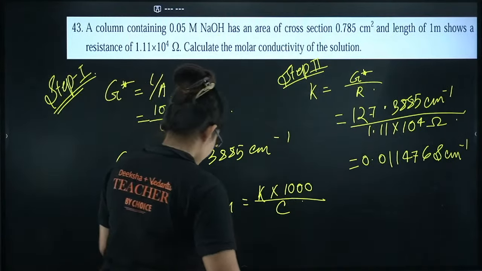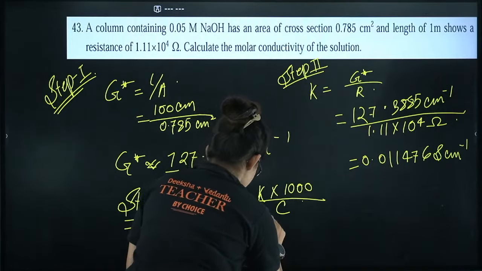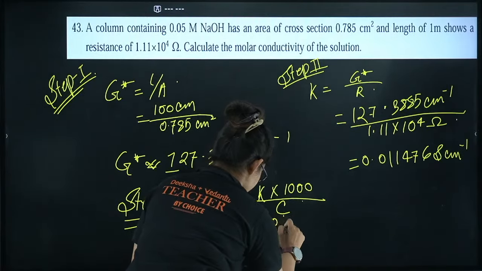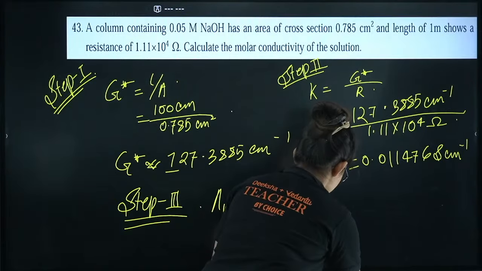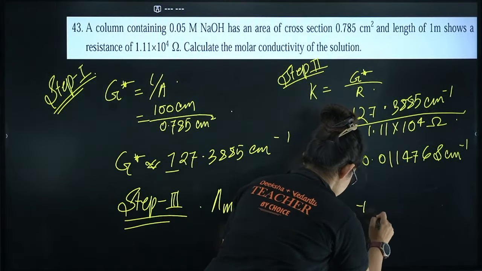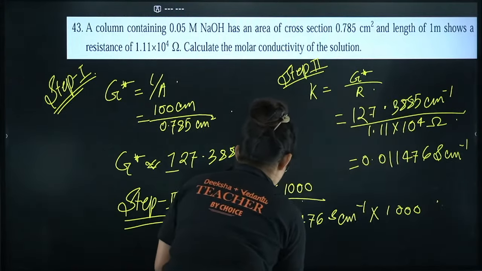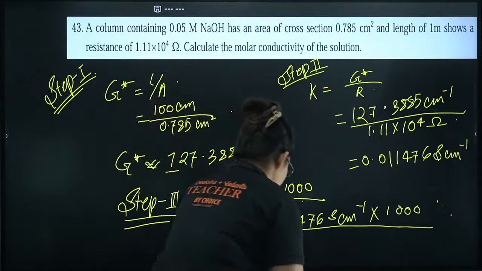So here simply you can just put the value. So kappa value from there you can put 0.011476 Siemens centimeter inverse into 1000 divided by concentration is given 0.05.